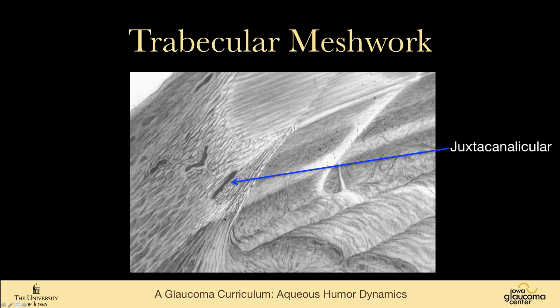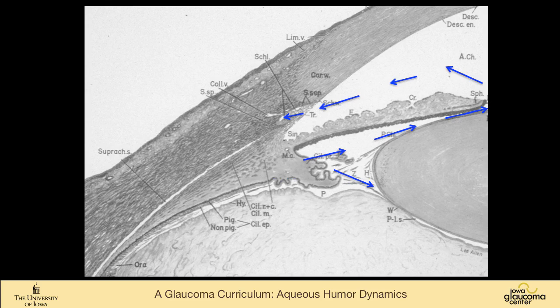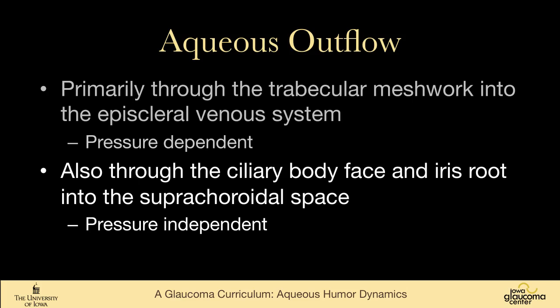And then there's the juxtacanalicular tissue, which is more compact and forms the inner wall of Schlemm's canal, and it is felt to be the area of most resistance to outflow. And then the fluid goes into Schlemm's canal, and from Schlemm's canal goes into the aqueous veins and out into the venous system.